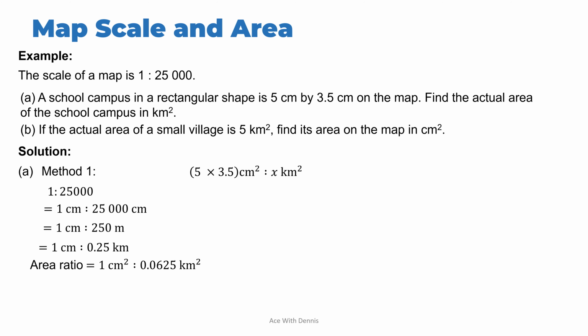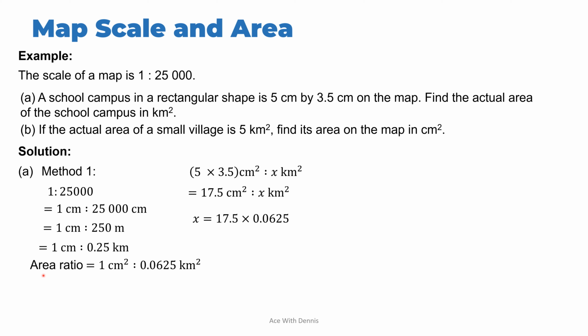So we form the ratio: 5 times 3.5, which is the area of the school campus on the map, is to x kilometers square, which is 17.5 centimeters square is to x kilometers square. So x will be 17.5 times 0.0625.